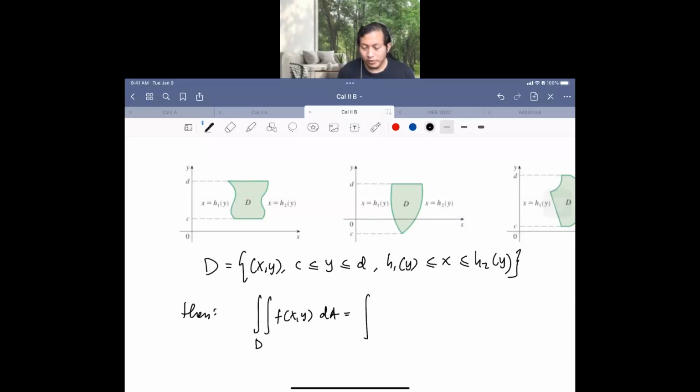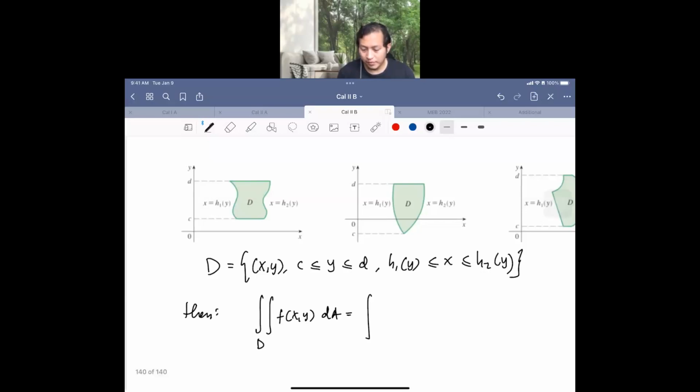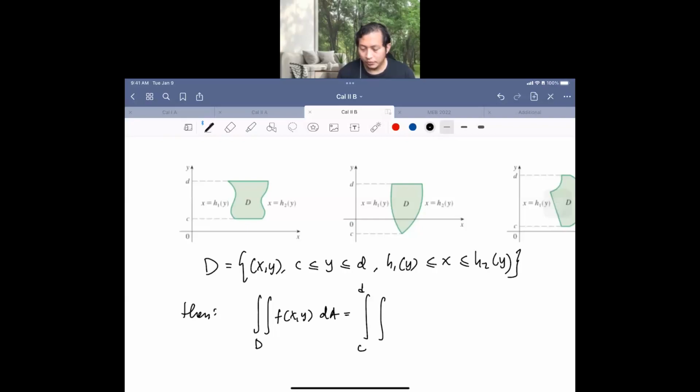So always start with the constant at the outside integral, and the inside will be the functions. f(x, y) dx dy.